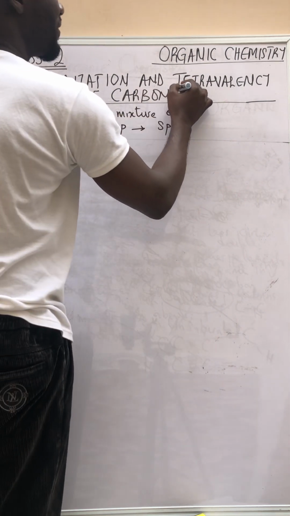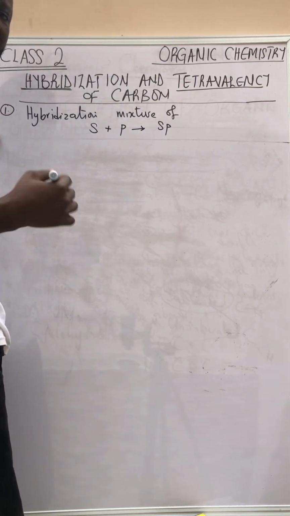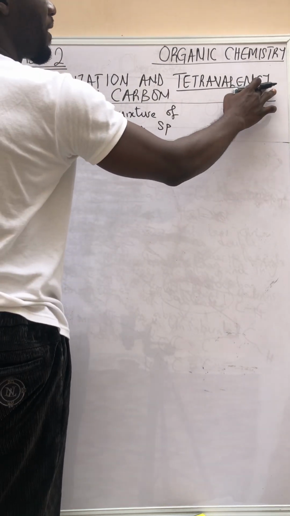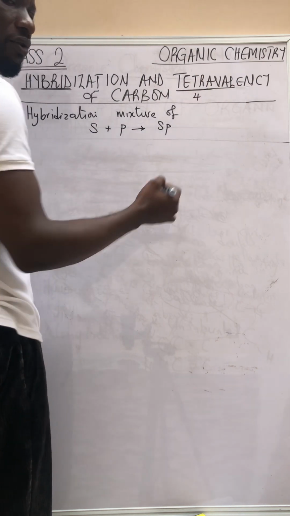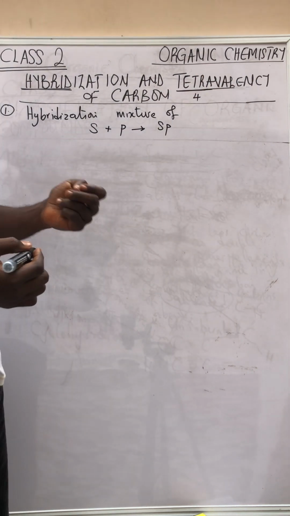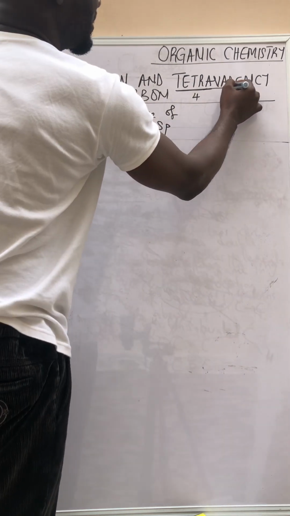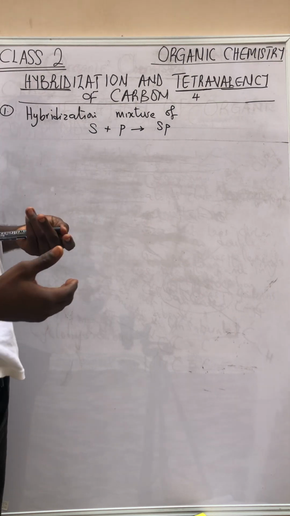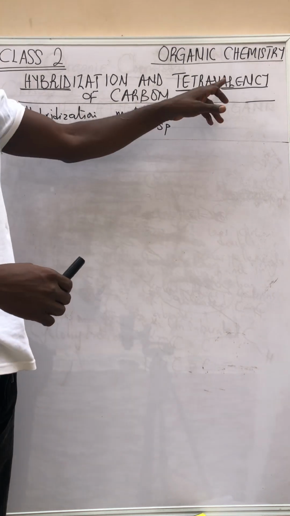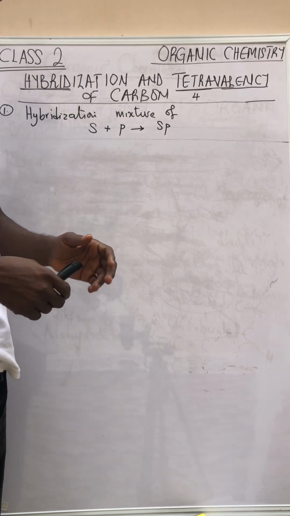Then tetravalency. What's the meaning of tetra? Tetra means four. And valency means outermost electrons in a shell.